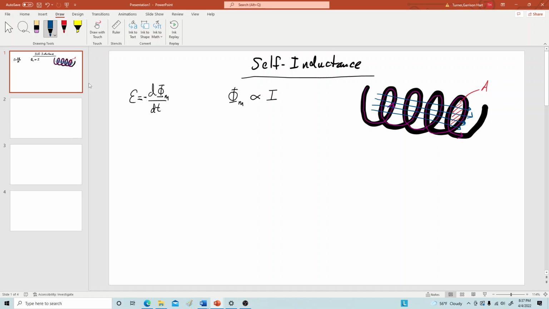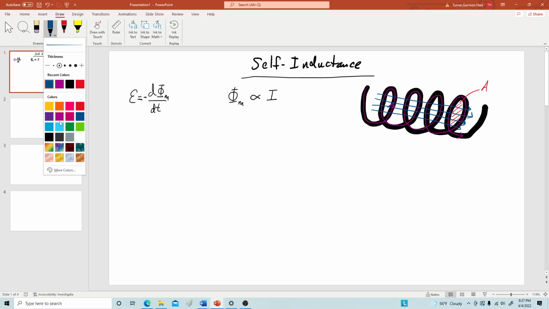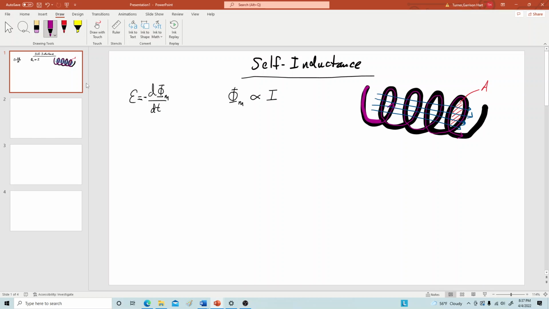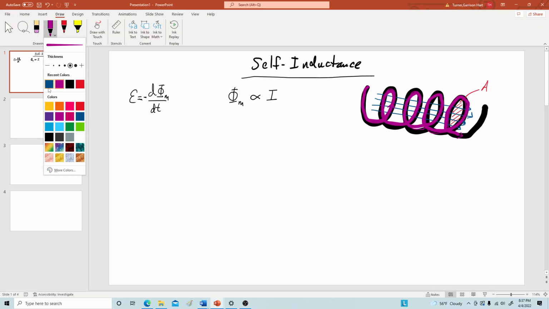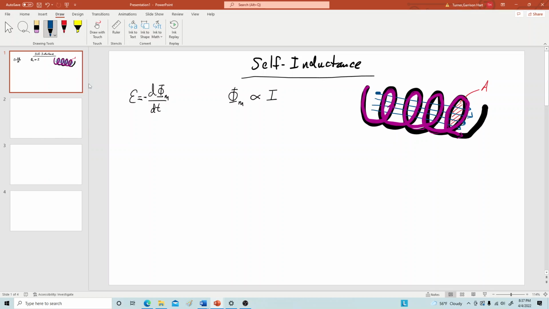So if I were to push a much larger current through here, then the strength of the magnetic field would be increased.